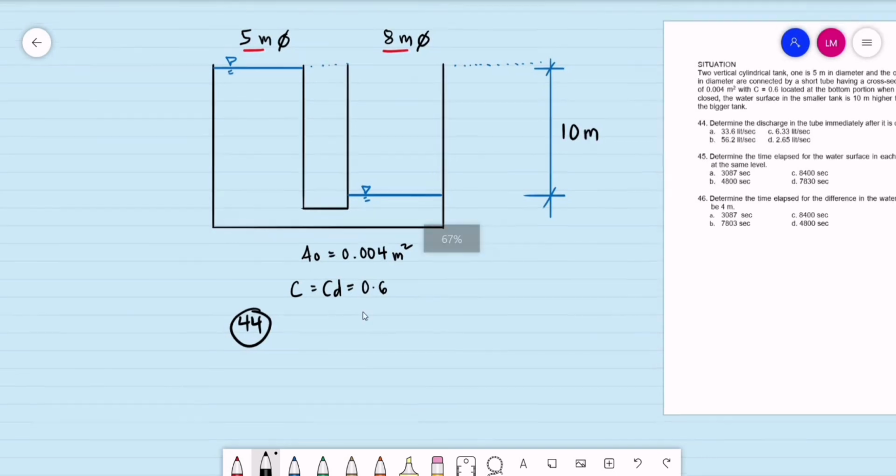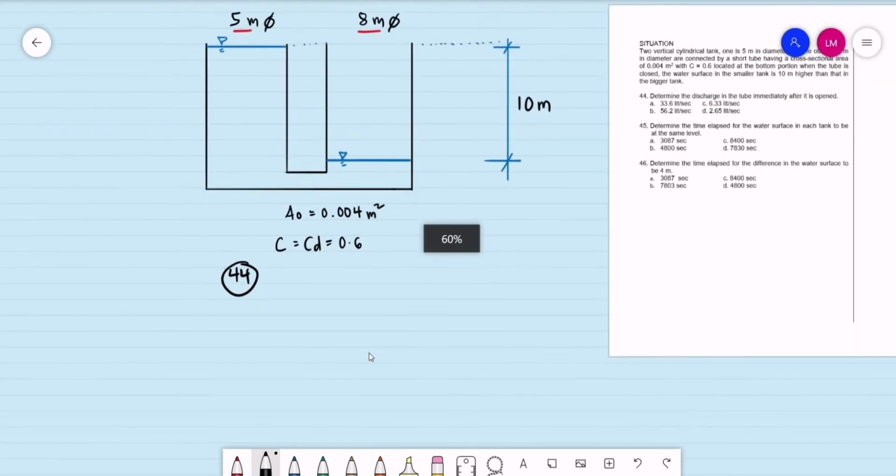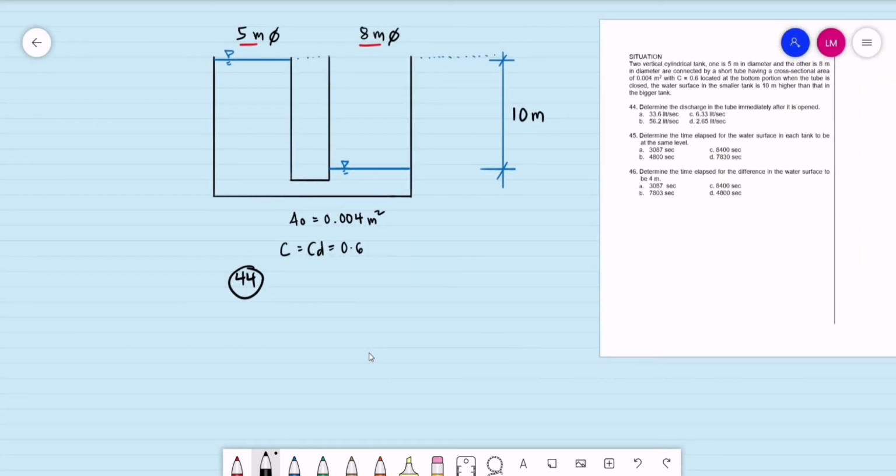So basically, ang hinahanap lang natin sa number 44 is the actual discharge. Initial actual discharge. Ito yung coefficient of discharge, area of the orifice, the theoretical velocity, using yung initial head na meron tayo, yun yung difference in the level of water, that will be equal to 10 meters.